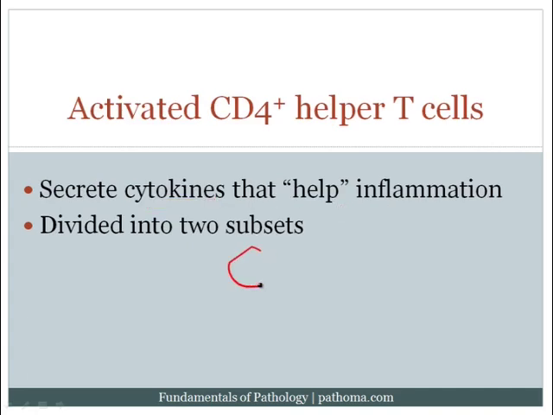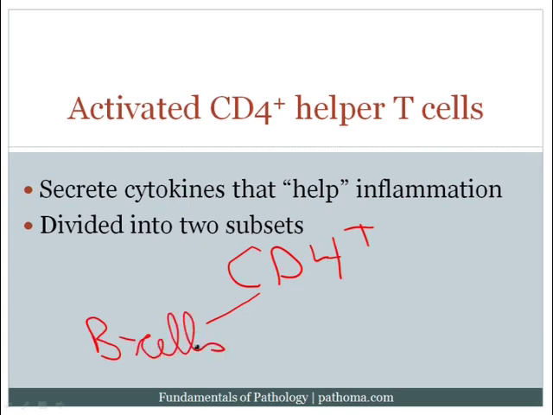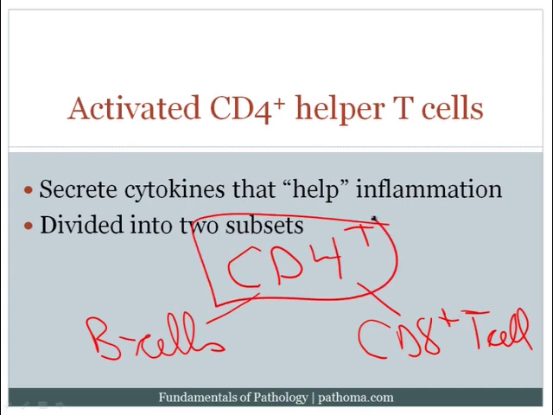The CD4 positive T cell's job is to help, and it's going to help two types of inflammation. It can help B cells, or it can help CD8 positive T cells. These are the two types of inflammatory responses, and these are the two things that helper T cells will help. Helper T cells are divided into two subsets.